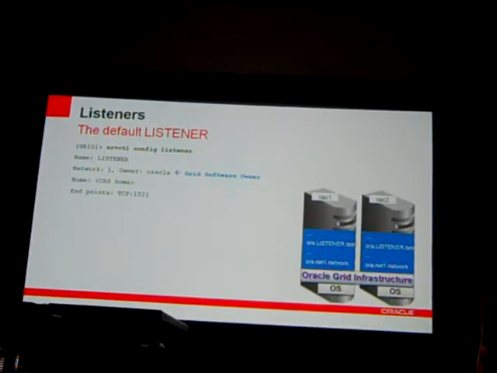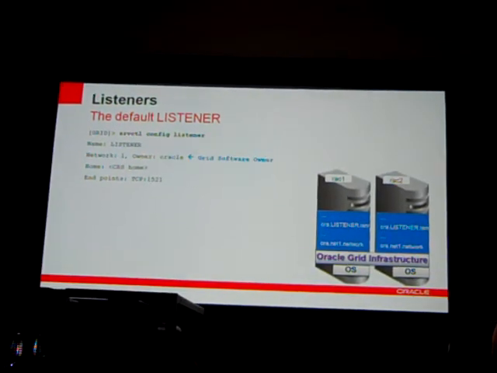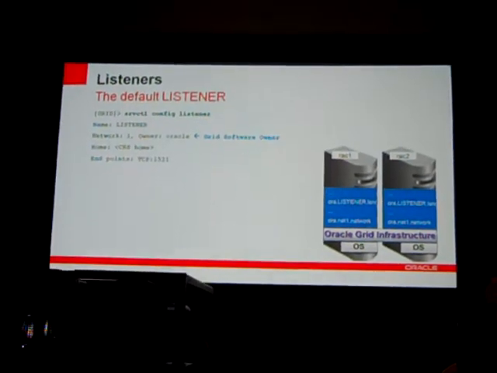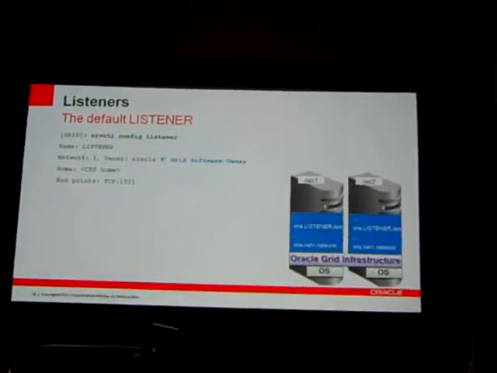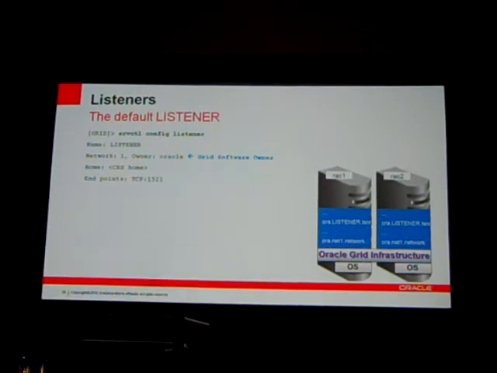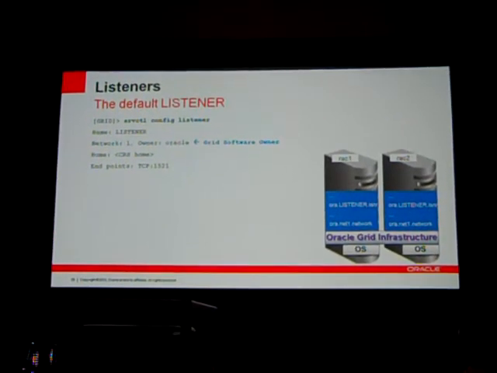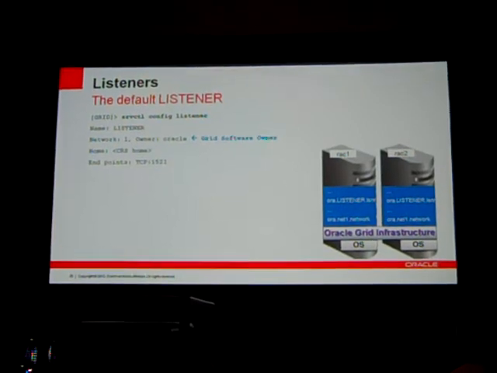Then all of a sudden, your foreground process will be opened by a grid user. Possible, but maybe not so great. That way, you can actually change the owner of the default listener that we deploy and set it to the software owner of the database, as I've shown here.